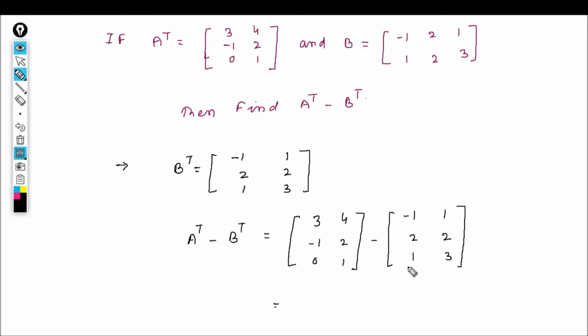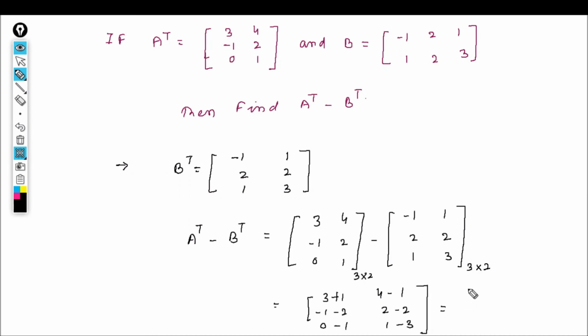So these two matrices are of the same order. This is a 3 by 2 matrix, 3 by 2 matrix. Now we can subtract these two matrices. So this is subtraction of corresponding elements. 3 minus of -1, 3 plus 1, 4 minus 1, -1 minus 2, 2 minus 2, 0 minus 1, 1 minus 3.